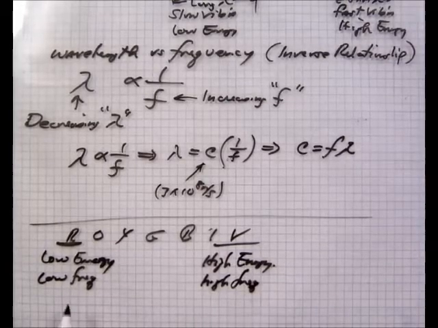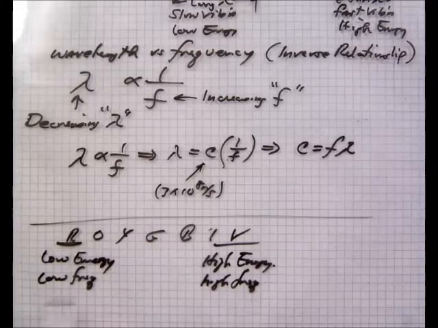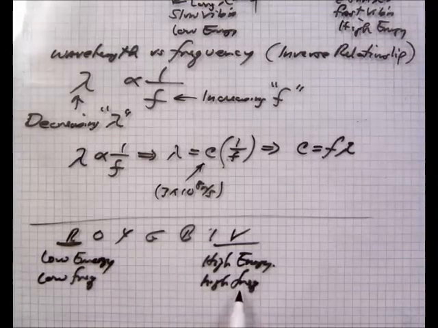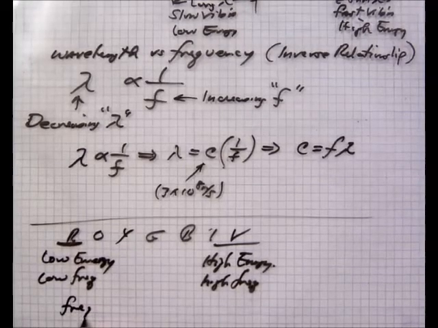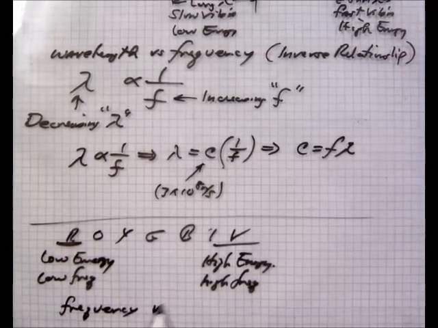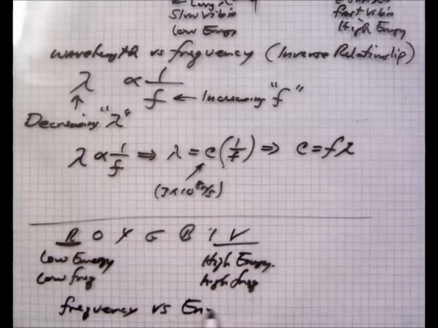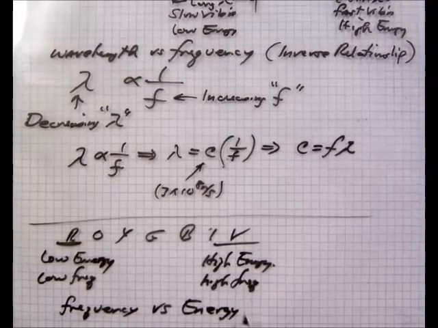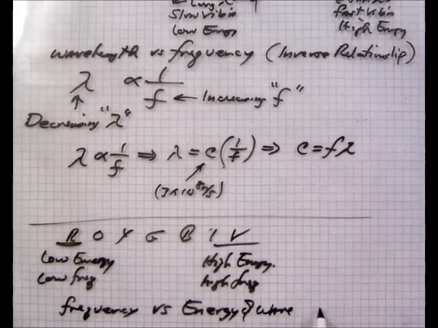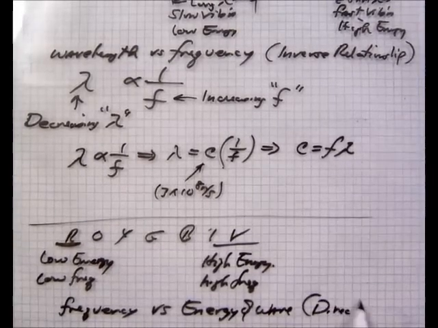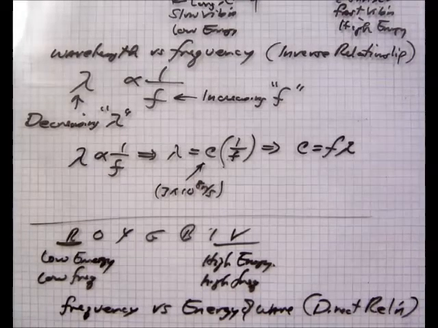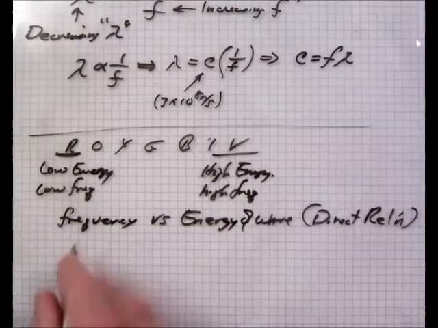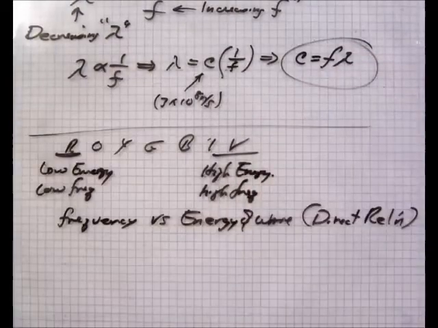Okay? And so we can relate energy to frequency. We have low energy, low frequency, high energy, high frequency. So that's a direct relationship. So frequency versus energy content of the wave is a direct relation in that relationship. So now we can write this is the first equation.